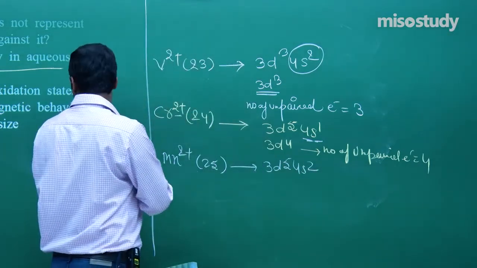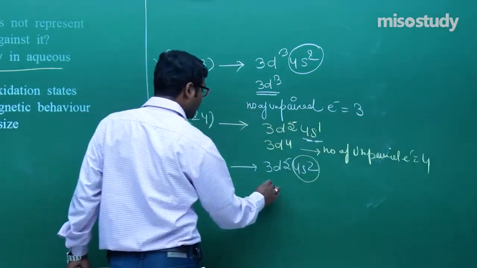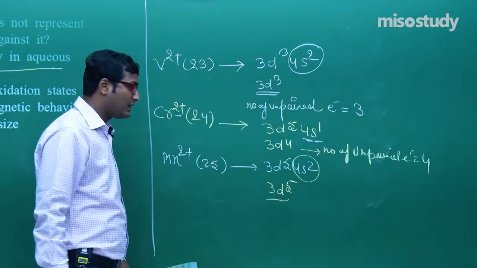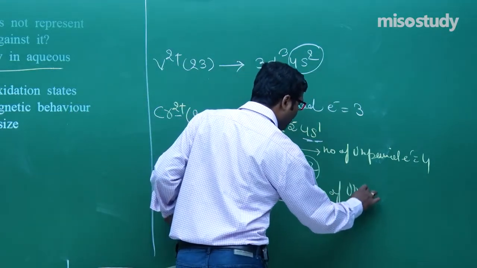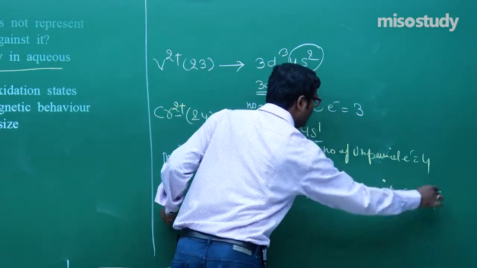It will lose these electrons because of the +2 oxidation state. So Mn2+ has outermost configuration 3d5. In 3d5, the number of unpaired electrons is equal to 5.